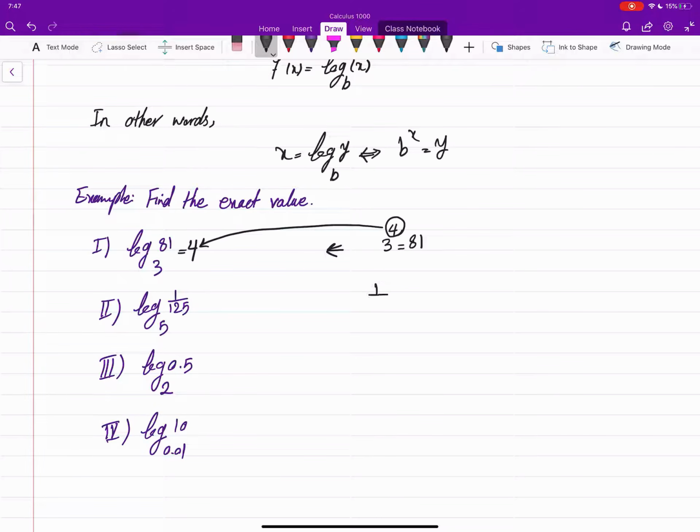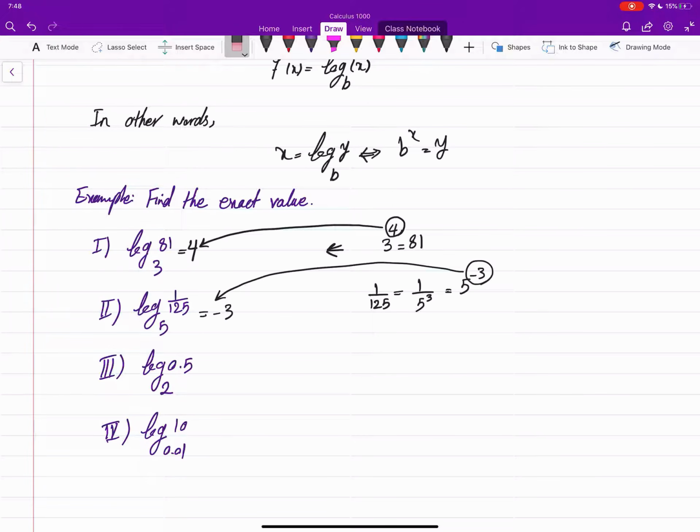For 1 over 125 base 5, well, it's enough to see that 125 is 5 times 25, which is 5 to the power 3. So we have 1 over 5 cubed, but we can write it as 5 to the power negative 3. The power which when you put it as the power of 5 gives us 1 over 125 is negative 3, and that's the log.